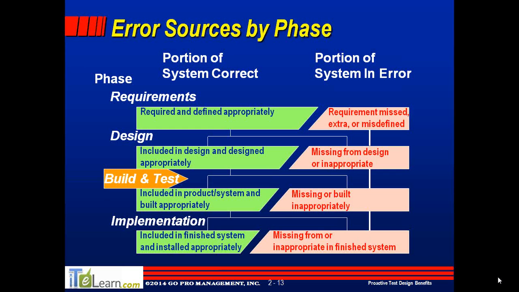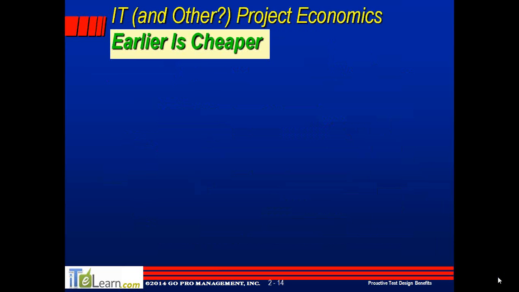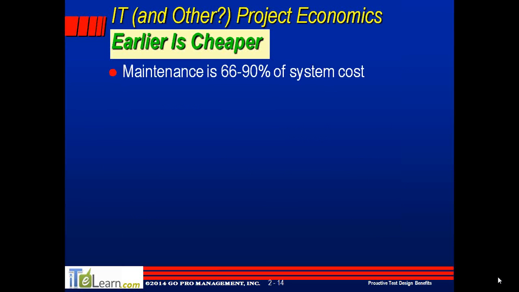When we get proactive, we have opportunities to dramatically shift this dynamic, to considerably improve upon the effectiveness of the whole development process, to catch and prevent errors before they persist down through implementation. And when we look at how this plays out from a dollars and cents standpoint, maintenance, changes to systems after they go into production, is where we spend the bulk of our system costs.